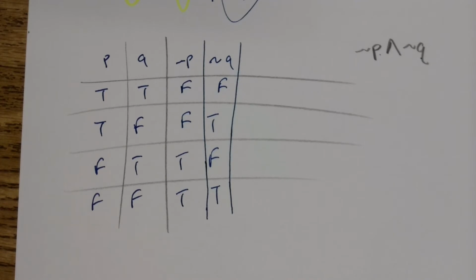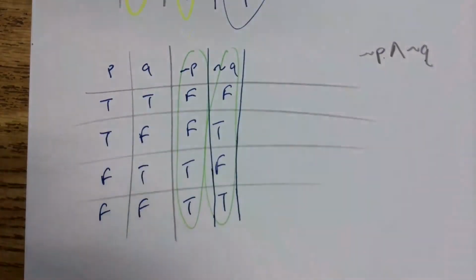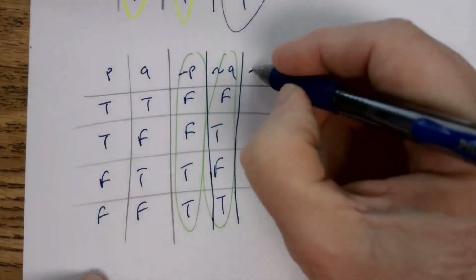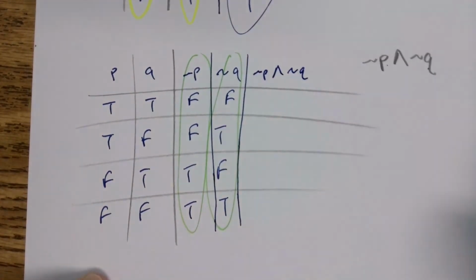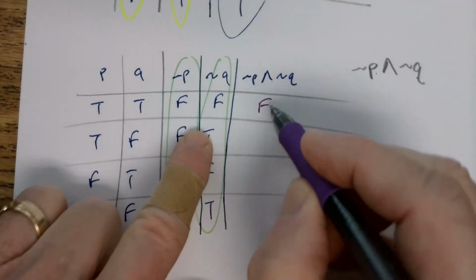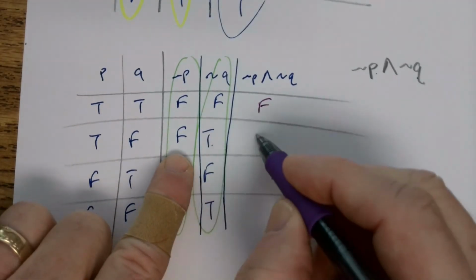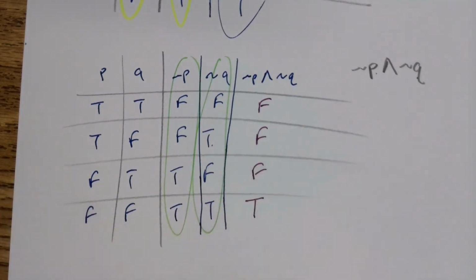And now I have the two columns that I need, and now I can put them together. And what does an AND need to be true? Yes, so false, false, false. False, true, false. True, false, false. True, true, true.